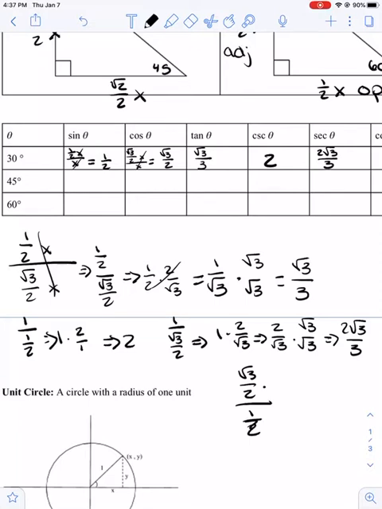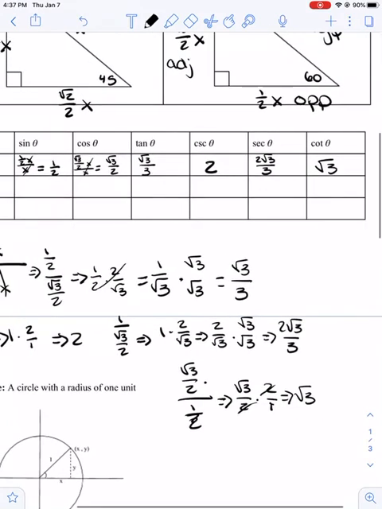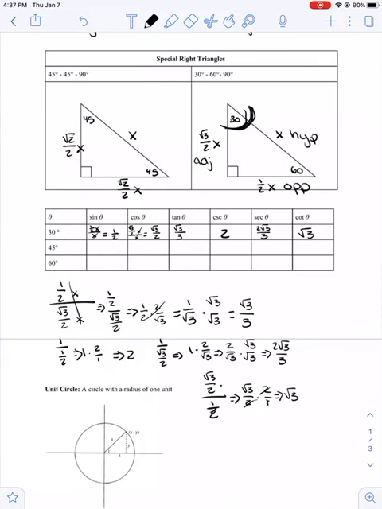I'm going to multiply by the reciprocal, times 2 over 1, and I'm going to get the square root of 3. So the cotangent is square root 3. All right, that's what sine, cosine, tangent, cosecant, secant, and cotangent of 30 degrees are, and we just did that by hand instead of putting it in the calculator.